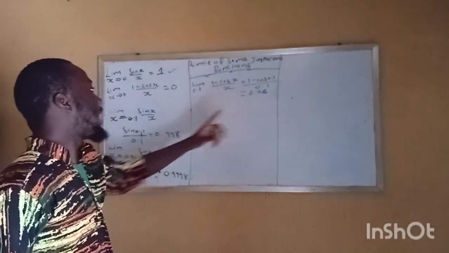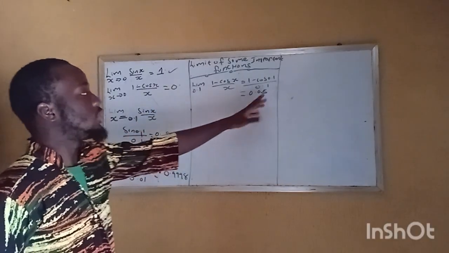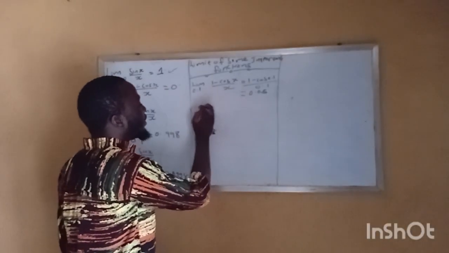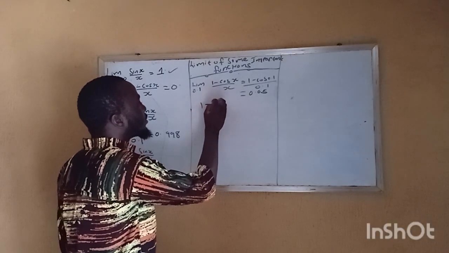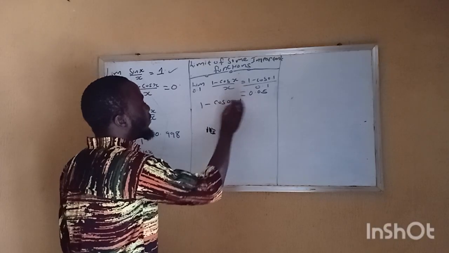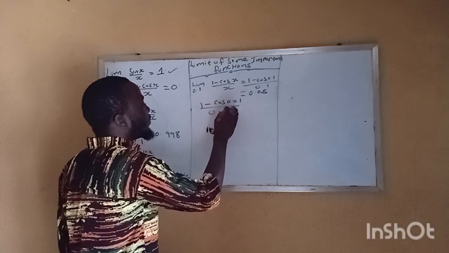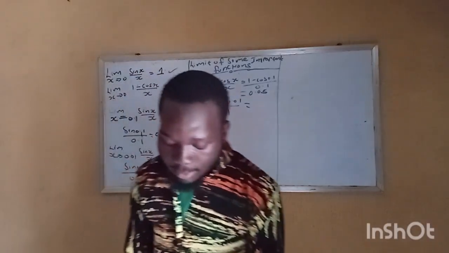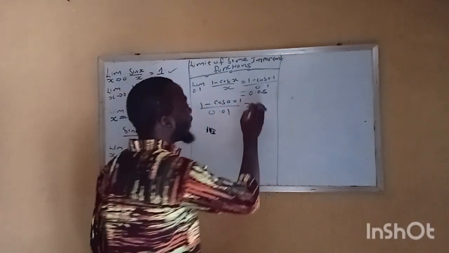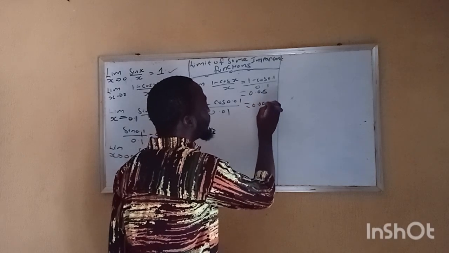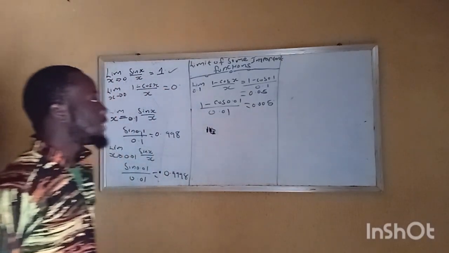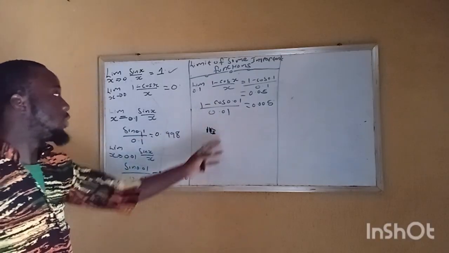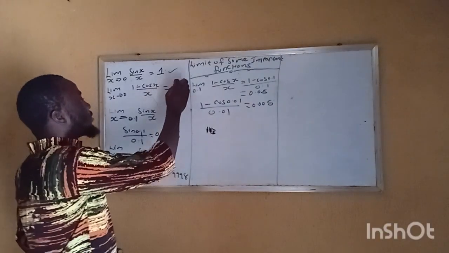Approximately this will also end up at 0. With a smaller value like 0.001, using the calculator again, we have 0.005. Can you now see the more we go downward, the closer it is to 0? This one is also correct.